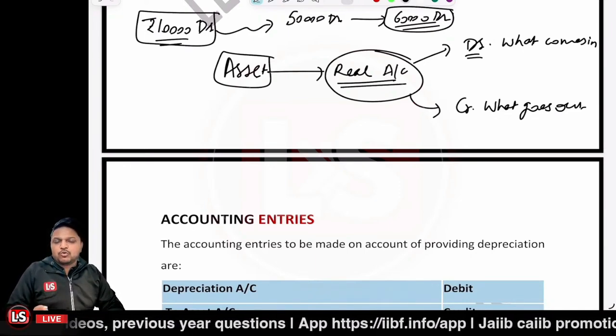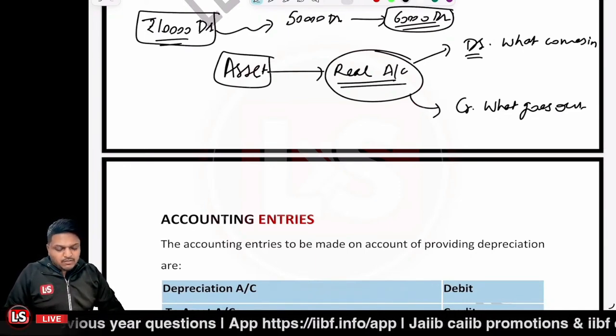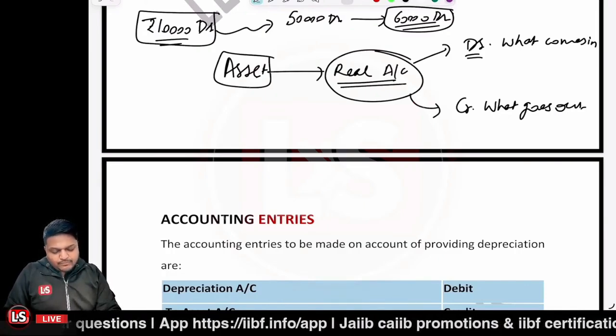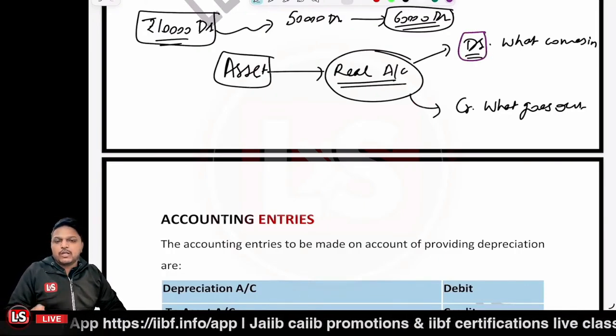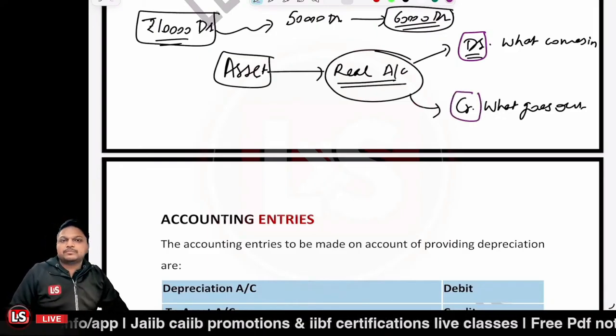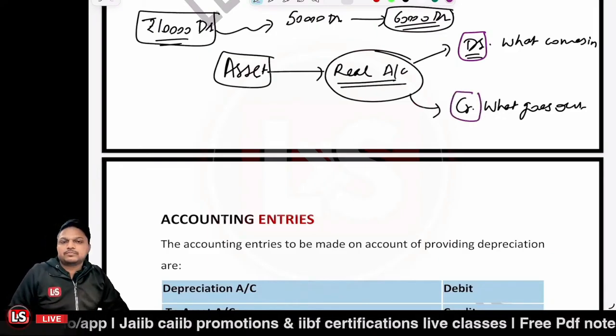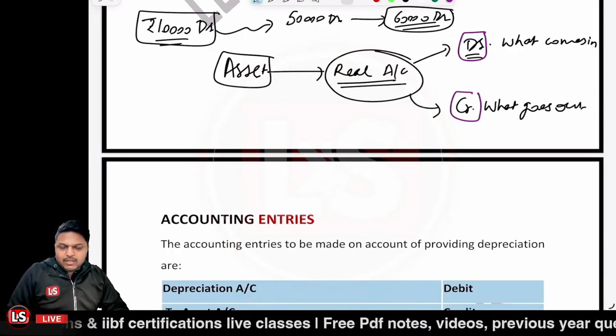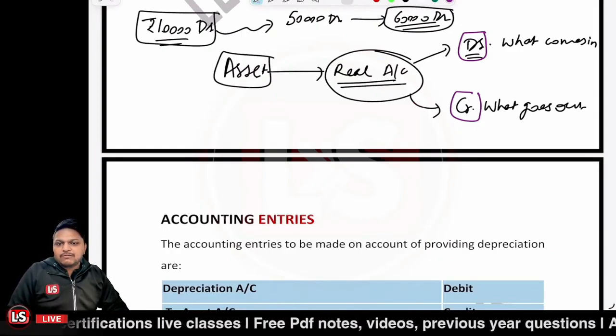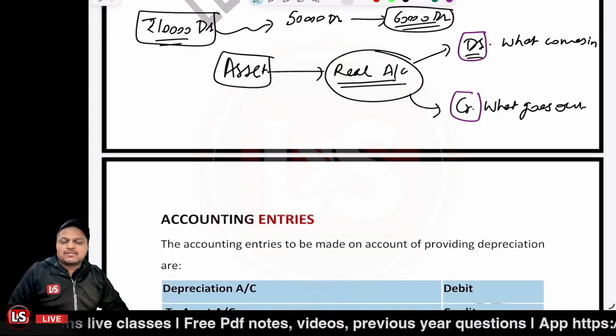So whenever we are to increase the value of the asset, we debit that value. And whenever we are to reduce the value, we credit that value to the account. In case of depreciation, will the value of the asset increase or decrease?